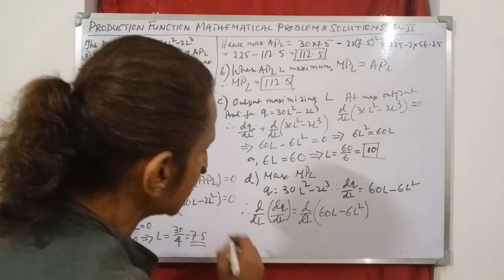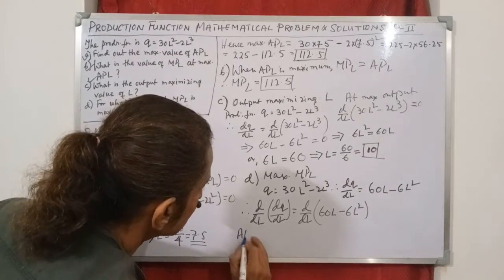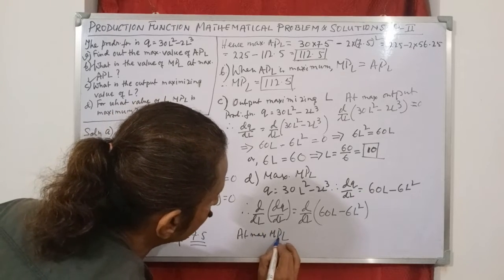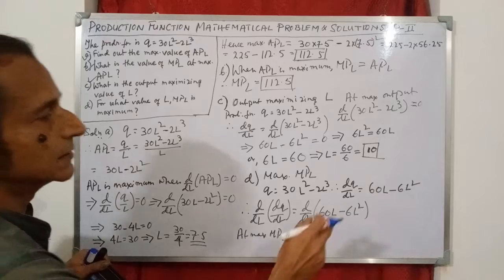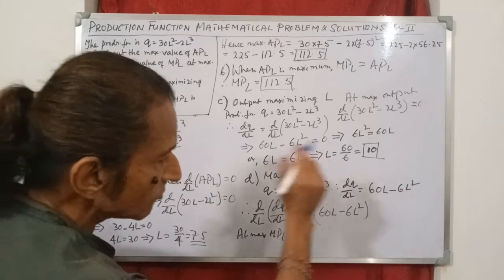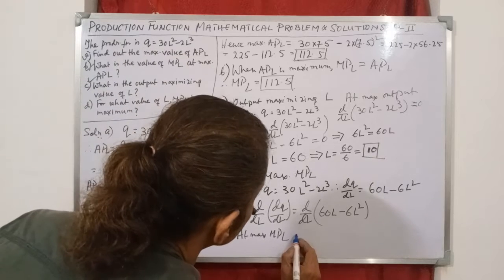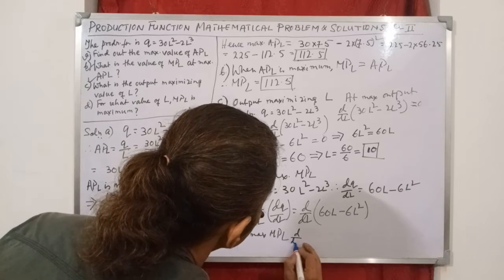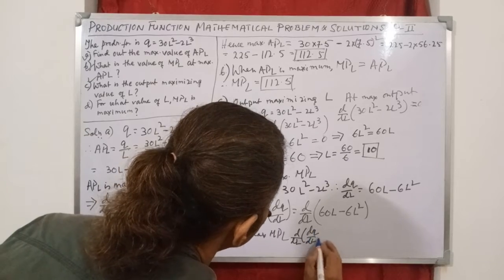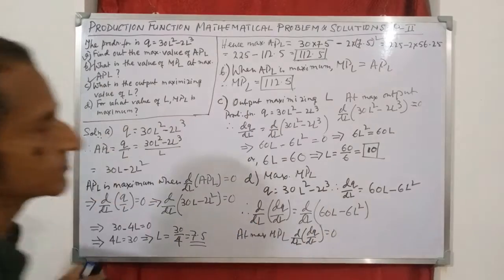Now at max MPL, that is at maximum marginal productivity of labor, this will be equal to 0. d/dL of 60L minus 6L square will be 0. d/dL of dQ/dL equals 0.